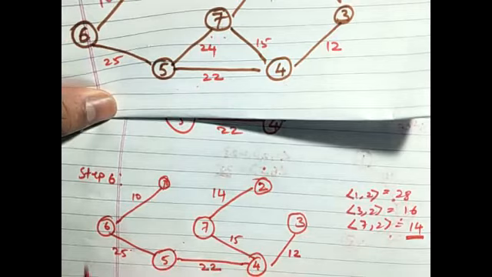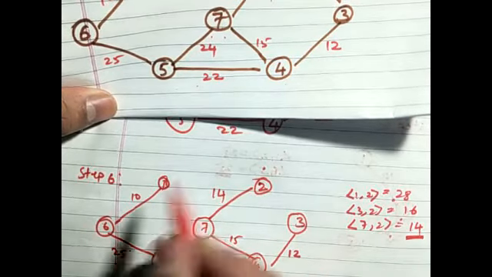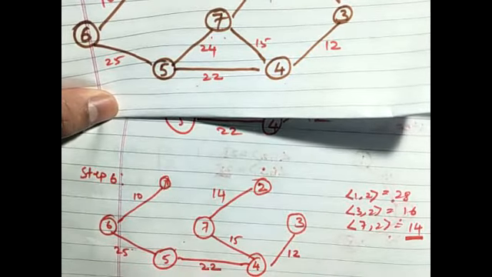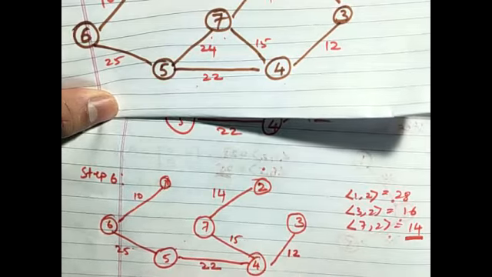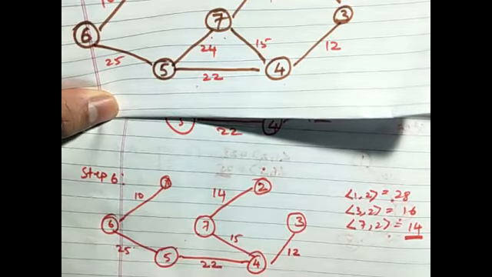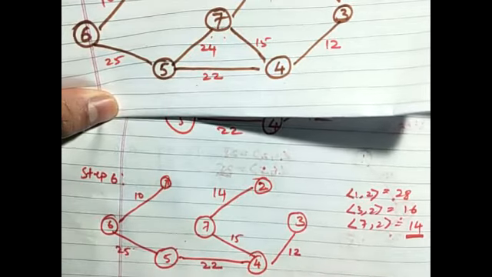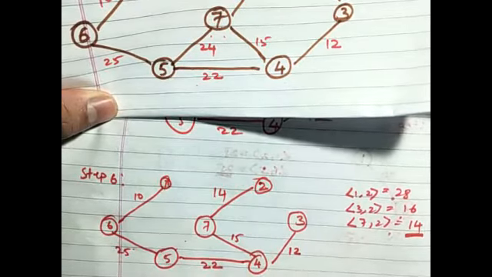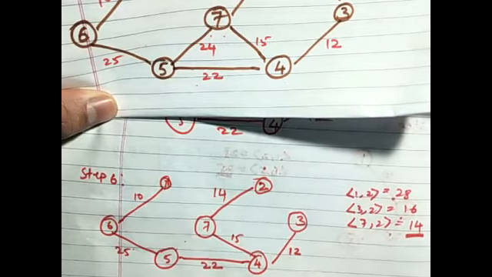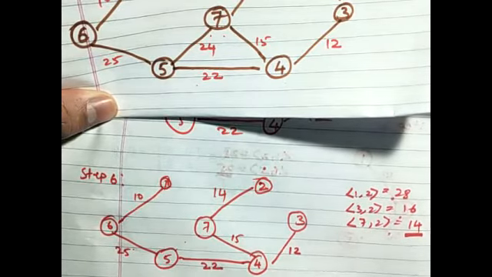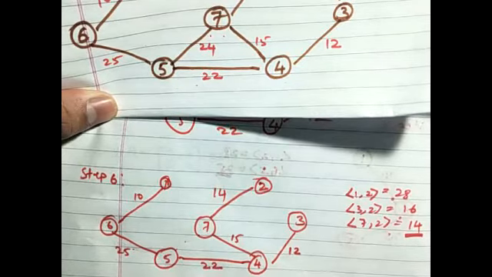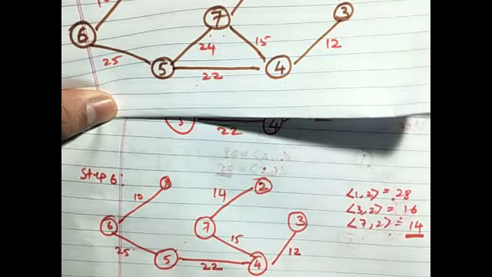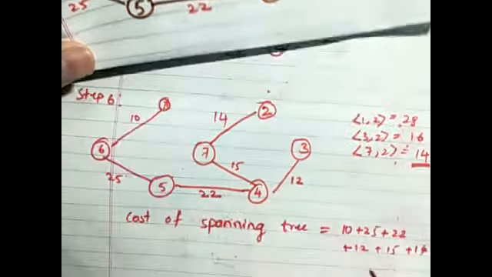So the cost of this particular spanning tree is equal to 10 plus 25 plus 22 plus 12 plus 15 plus 14.